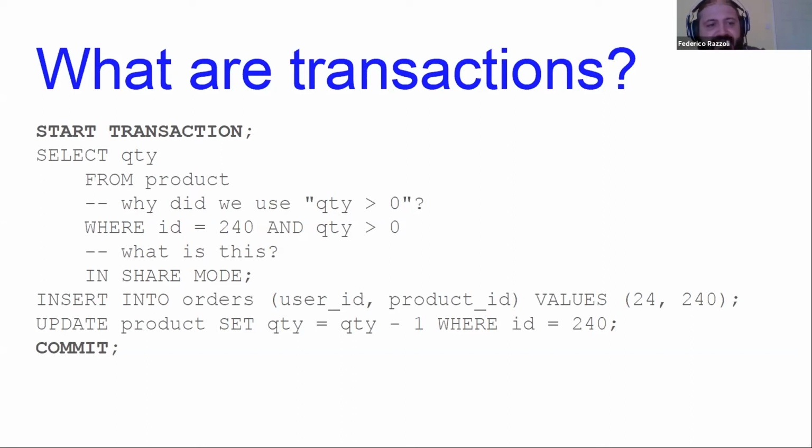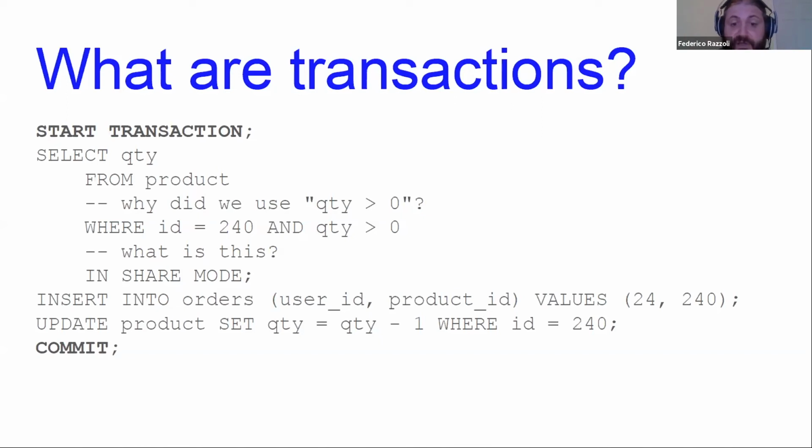They both run a select and see that there is a product in stock, even if the quantity is only 1. Then they both place the order, and they both decrease the quantity of available products.